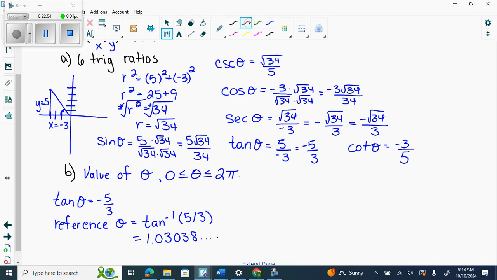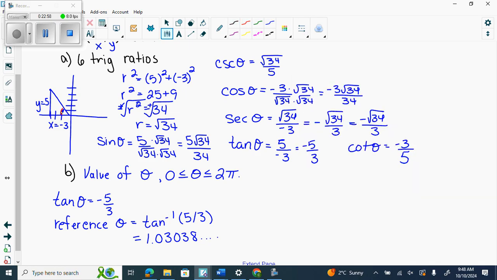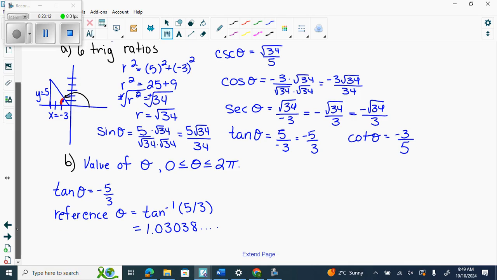That is this angle. I need this one, so instead of going 180 minus that, since it's in radians, what am I going to do? Pi minus that. And what do I get?